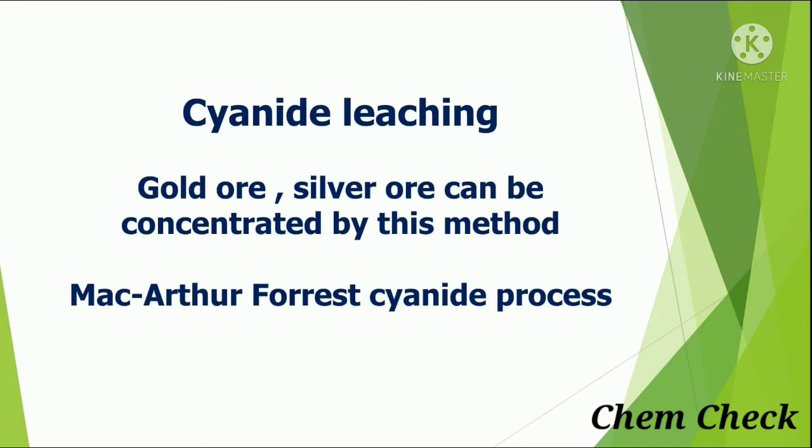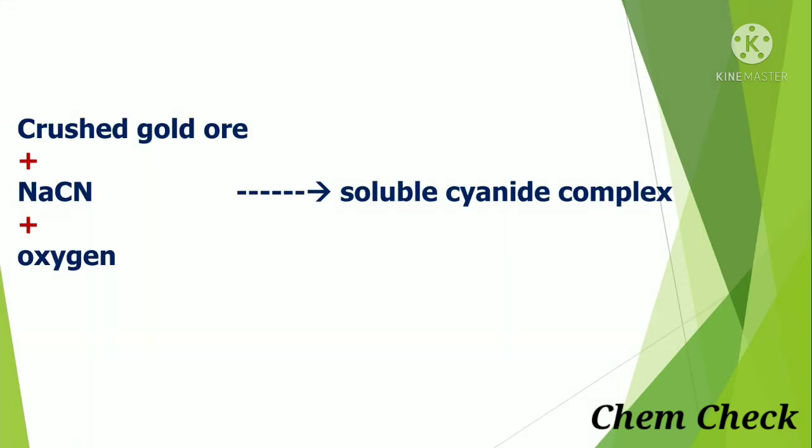Here, what we are doing is, we are taking a cyanide, usually sodium cyanide or potassium cyanide. Between these two, either can be added. The crushed ore, let us say we take gold ore. The crushed gold ore is treated with sodium cyanide. Now this will convert the gold ore into a soluble cyanide complex.